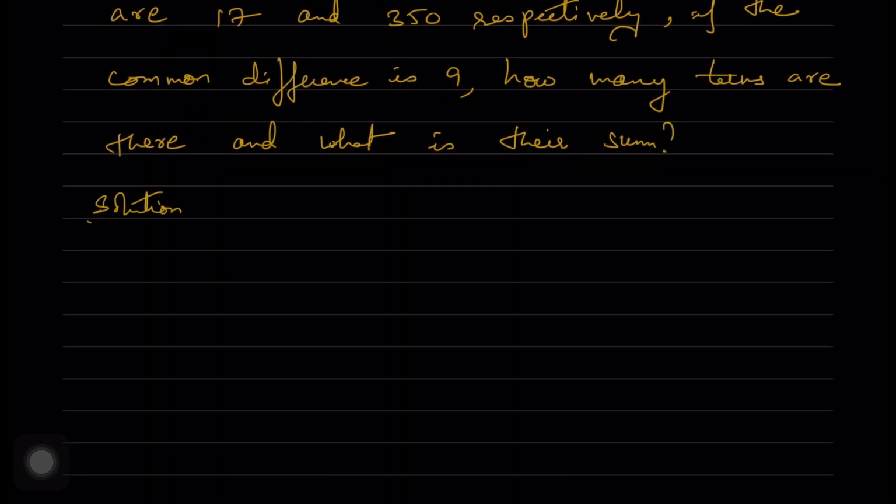So now your solution for this is, it is given that a is equal to 17, L is equal to 350, D the common difference is equal to 9.